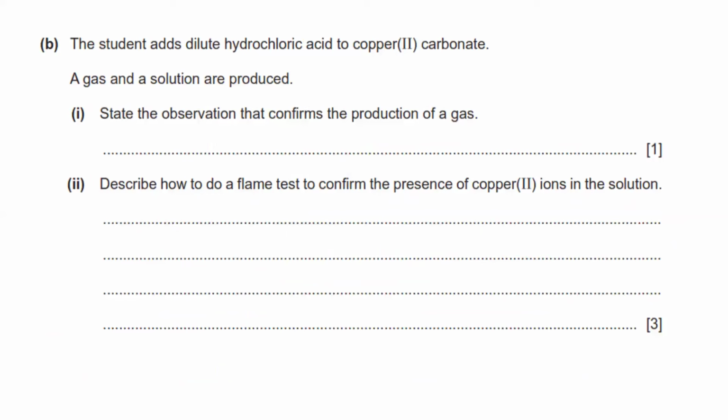Okay. So then part B says a student adds dilute hydrochloric acid to copper carbonate. A gas and a solution are produced. So HCl and copper carbonate give copper chloride plus CO2 plus water.